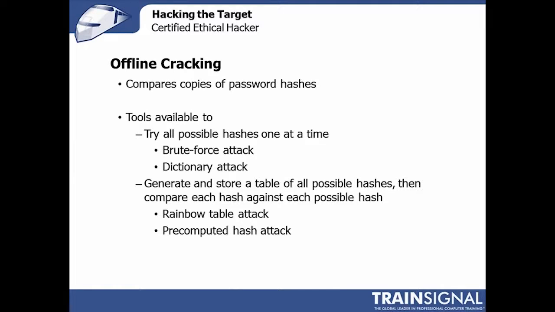So you'll download a rainbow table of all possible hash values of alphanumeric characters. Then the tool, all it has to do is look in that table to see, is there a match between any of the hashes that I've captured and any of the hashes in this table? If there is a match, I immediately have the password.